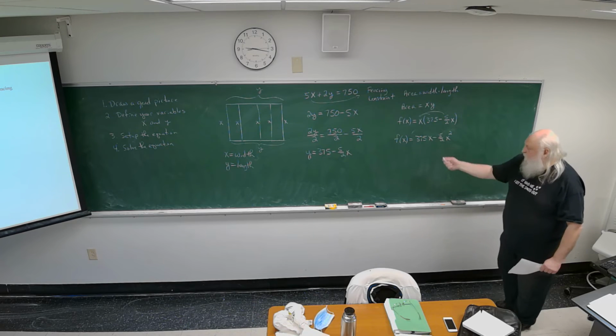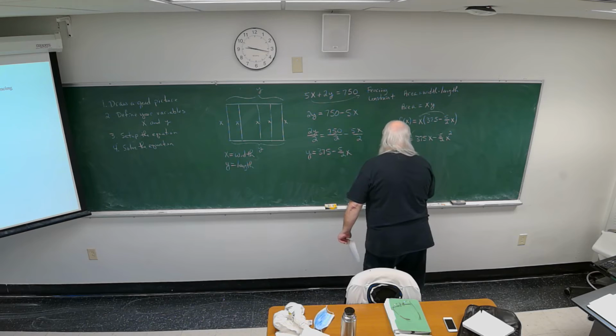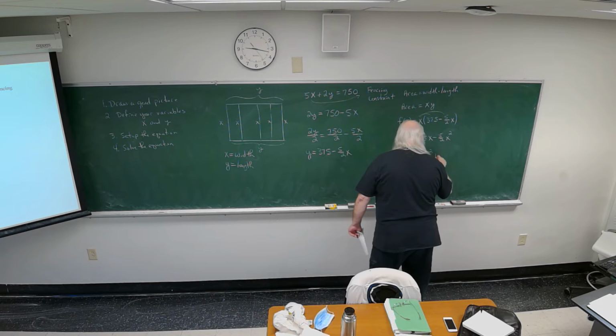And now if I switch these two terms around, I have f of x is equal to minus 5 halves x squared plus 375x.